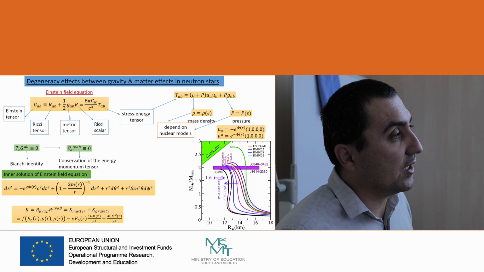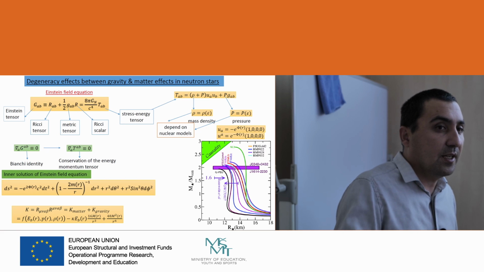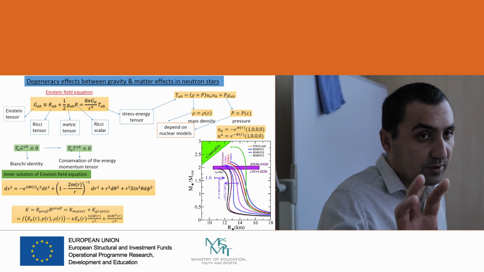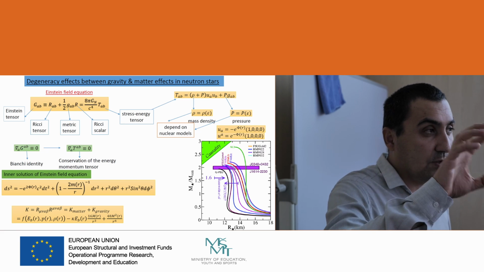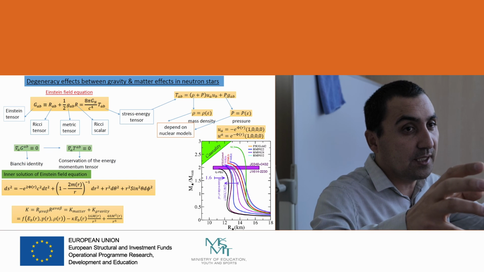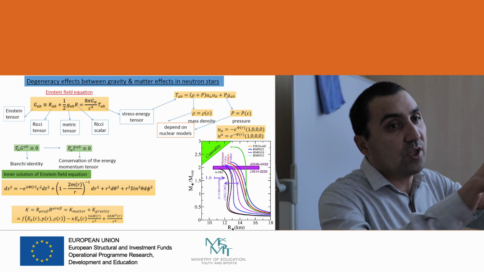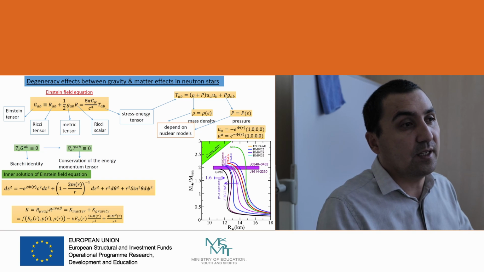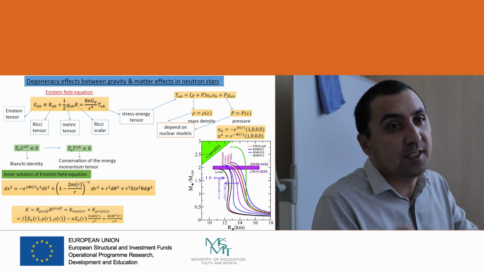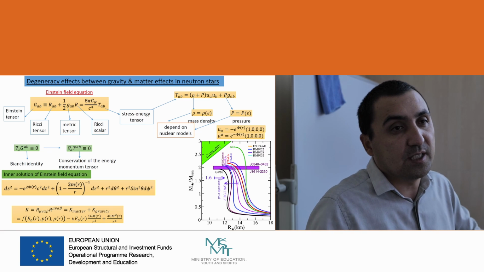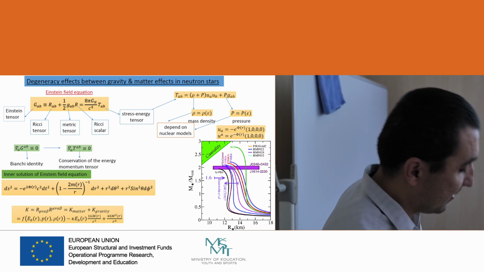If we can work on some exact neutron star, nuclear matter and gravity model, we can get some constraints on their parameters, where these parameters show similar or the same effects.